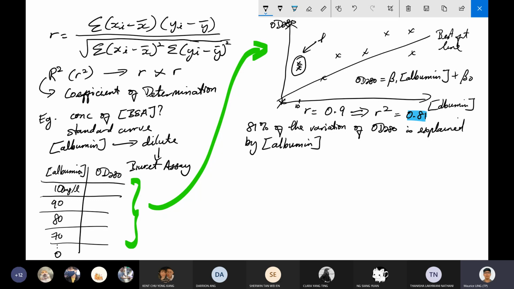That means there are some variation in your OD280 that is not explained by the albumin concentration.